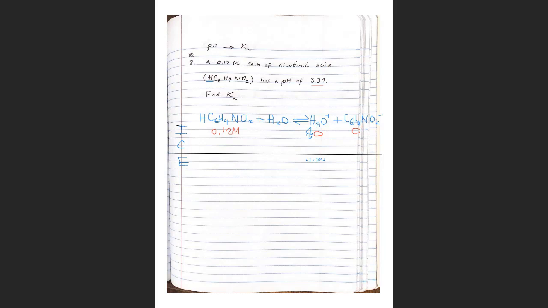And one thing I might recommend is to write this whole thing out. This is going to be a minus x and this has to be a plus x, right? And so the fact that the H3O plus ends up being 4.1 times 10 to the negative fourth, that's x, which means you can calculate each of these other three values. Now of course, the 4.1 times 10 to the negative fourth subtracted from 0.12 is not really going to do anything.